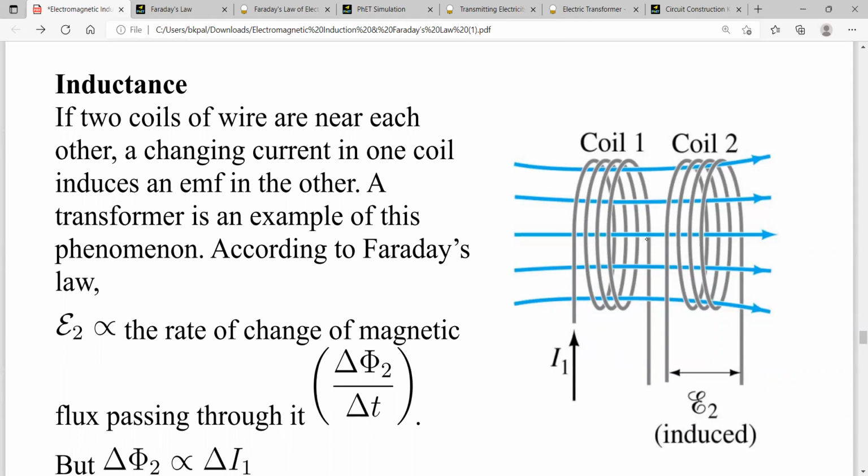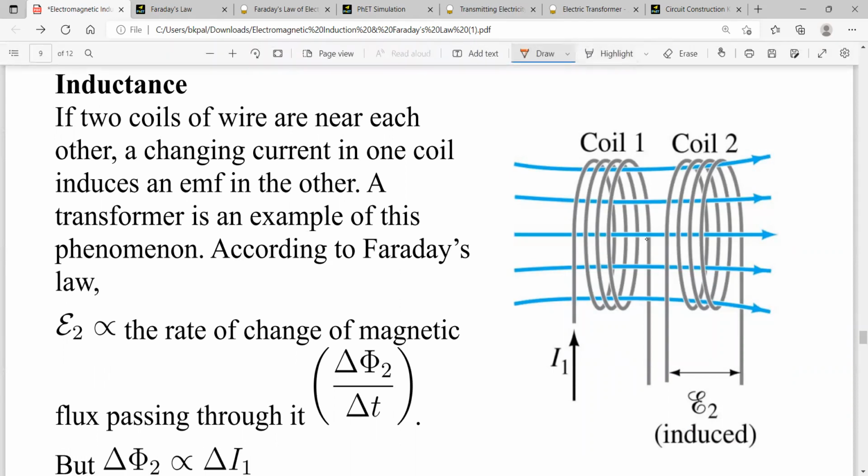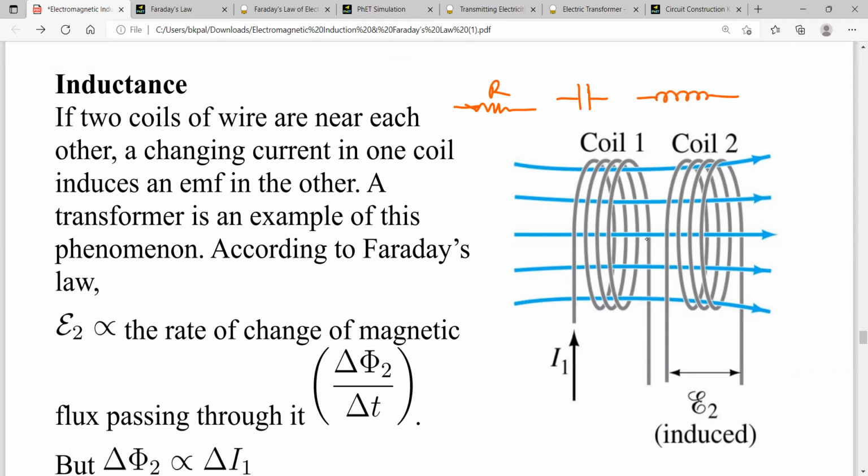So this is the resistor and this is the capacitor. And for an inductor, we use this symbol. Don't confuse resistance and inductance.